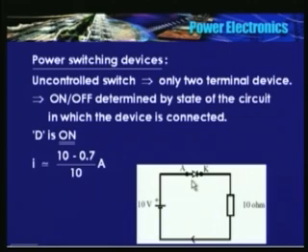Therefore, the on and off of this diode is determined by the circuit, and you cannot decide externally when this diode should turn on or turn off. The circuit decides. That is why it is known as an uncontrolled switch. It has only two terminals, anode and cathode.